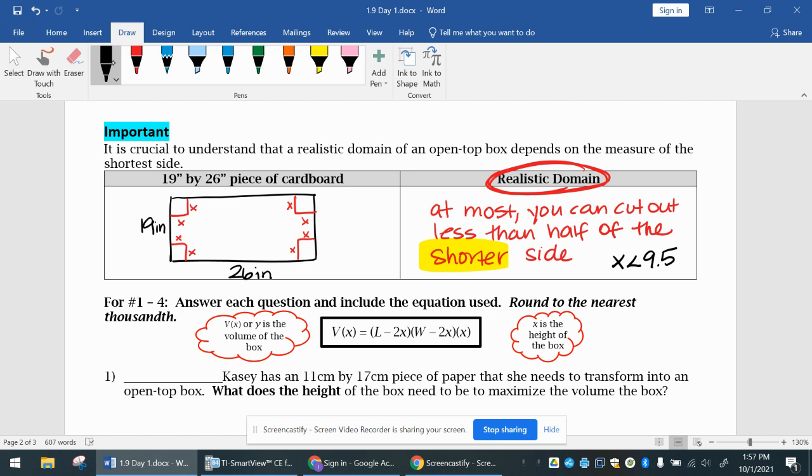That means the box isn't going to hold anything. So the realistic domain, or the length of that little cutout corner, has to be less than 9.5, which is half of the shorter side. Okay?